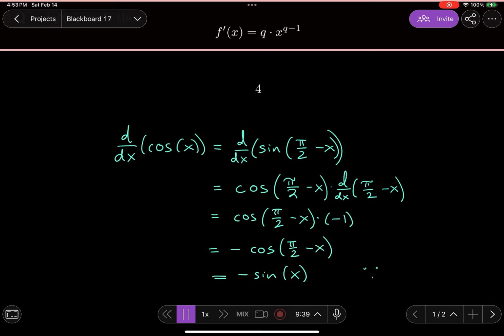I'll use a little bit of a justification. This is because the cosine of pi halves minus anything is the sine of that thing. And I use the opposite one up here. So this one was because the cosine of anything is equal to the sine of pi halves minus that thing.